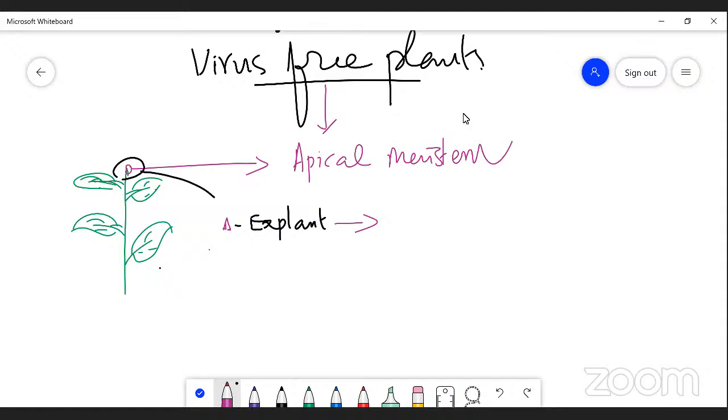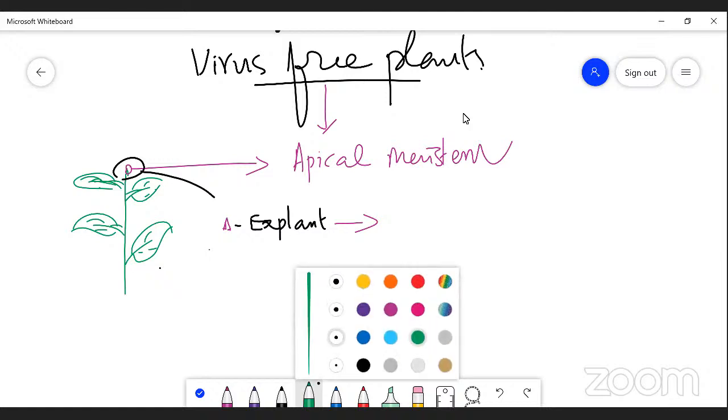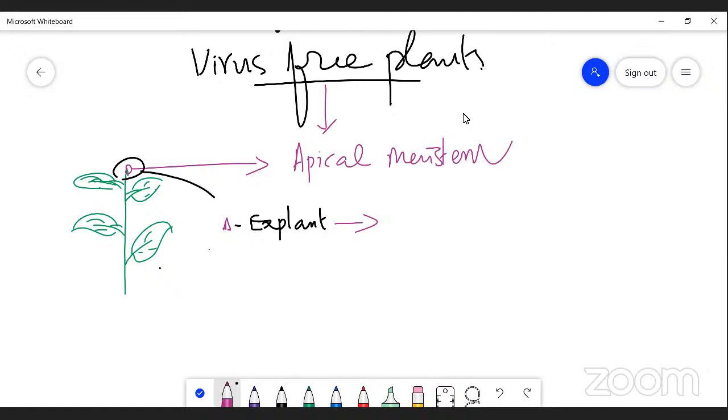Now, I am going to develop an entire plant from the explant by using a synthetic medium or growth medium, right? As a result, this explant is converted into an unorganized mass of tissue, right? This is a tissue which has the capacity to make shoot system and root system.